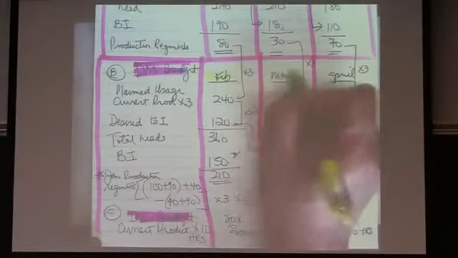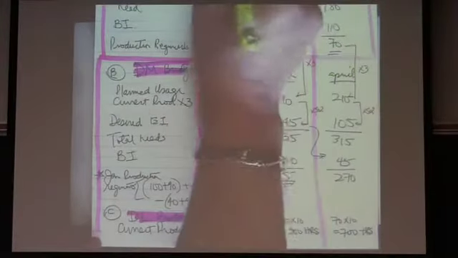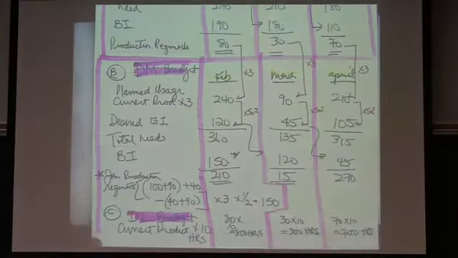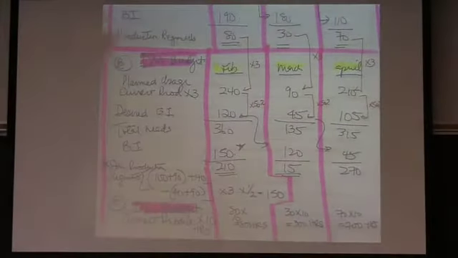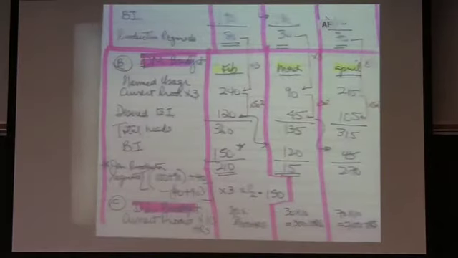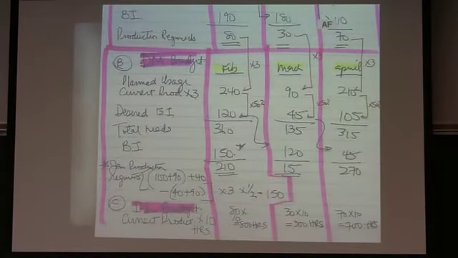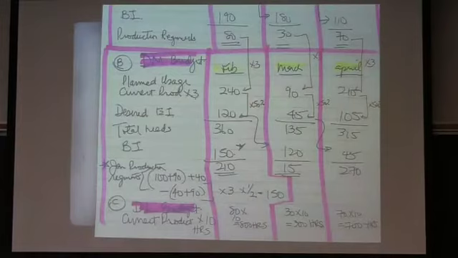So February, March, April. And this is for direct material. And this is for direct labor. Okay, thank you.